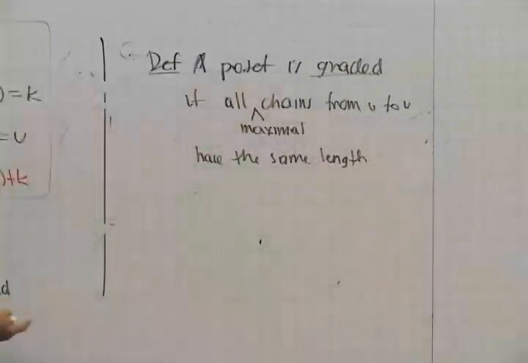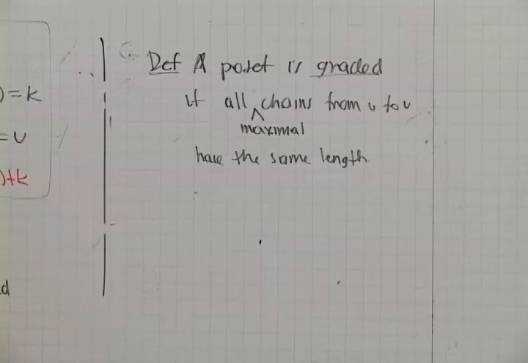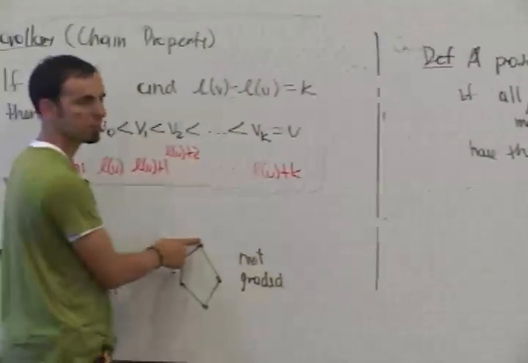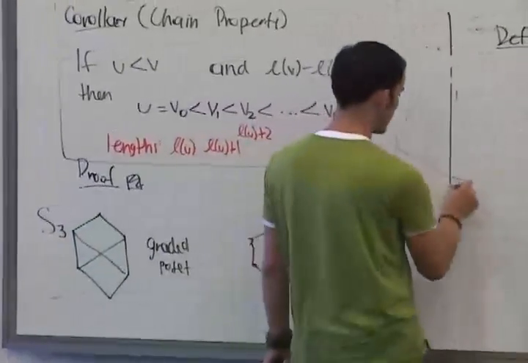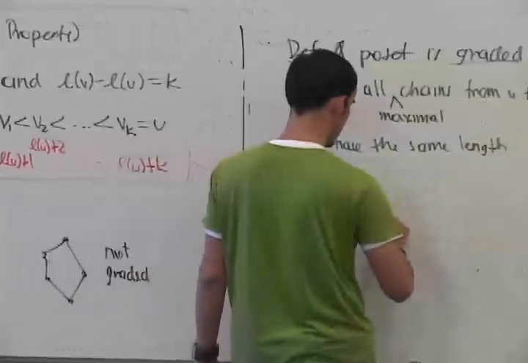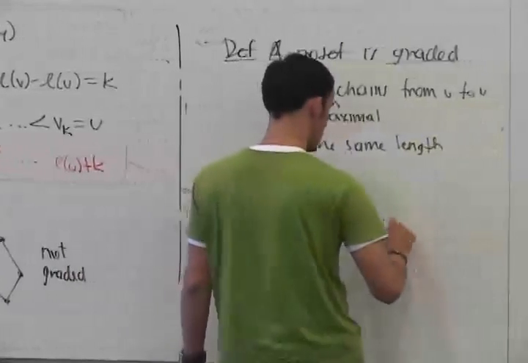And a chain is just moving up in the poset. Okay? So this is not graded because here's a maximal chain of length 2 and a maximal chain of length 3. And so the corollary of this, and a very important one, is that the Bruhat order is graded.